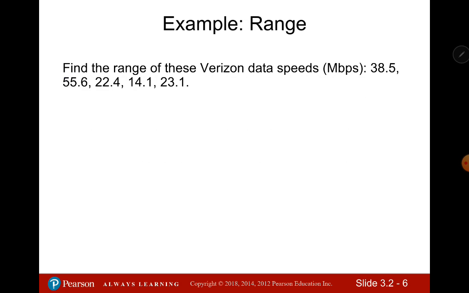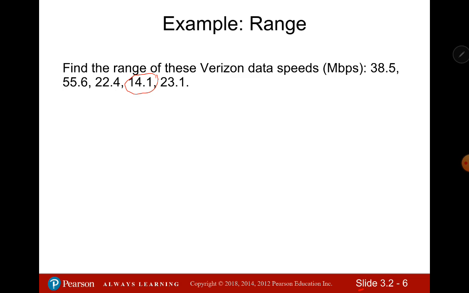Let's check how we can get the range. Let's check this example. For example, this is our sample. In this sample, we have 5 values, and we just want to find the range. So we only need to find which one is the minimum value first. It seems 14.1 is the minimum value.